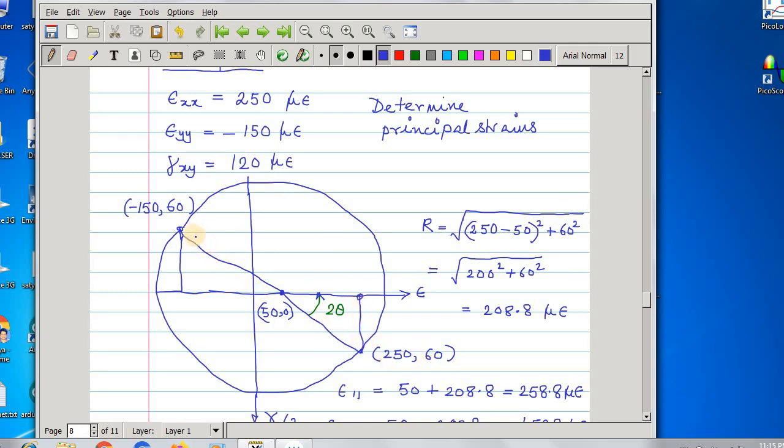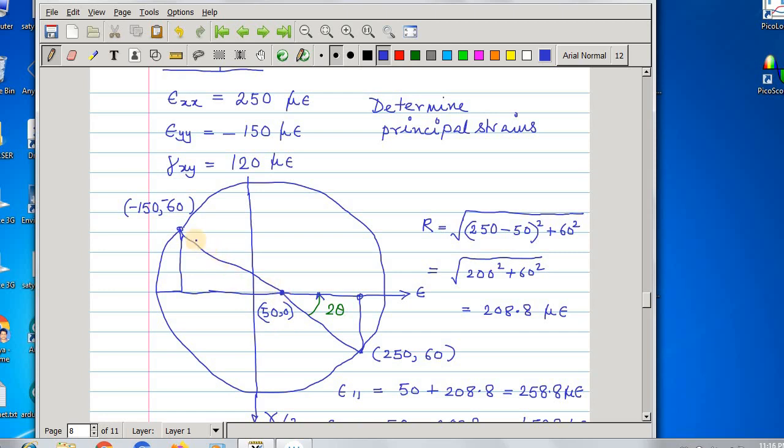And here I think we should put minus. So this is minus 150 with respect to this origin, minus 150, minus 60. Now you get the diameter, and the center would be at 250 minus 150 whole divided by 2. That means 250 minus 150 is 100, 100 divided by 2, so at 50, 0.